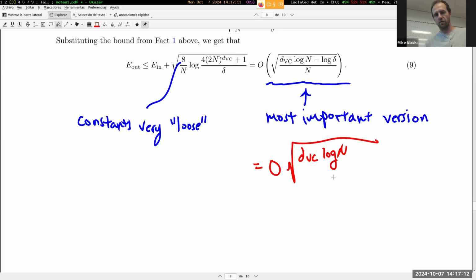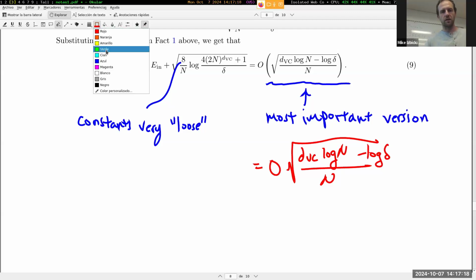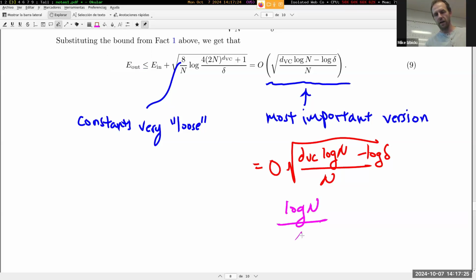I'm just rewriting out this formula. The log n factor is very small. So log n divided by n goes to 0 very quickly.